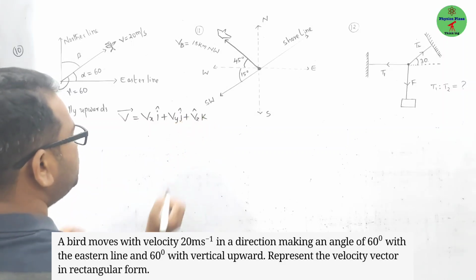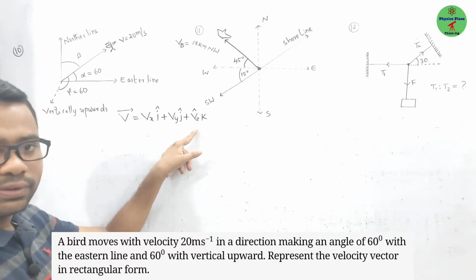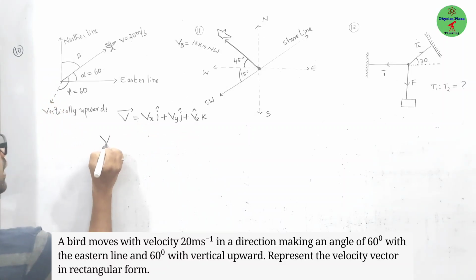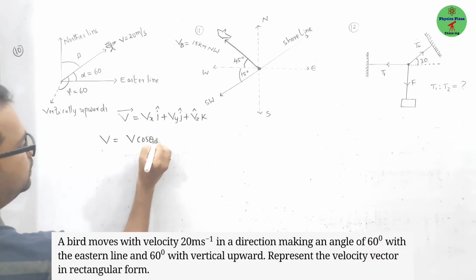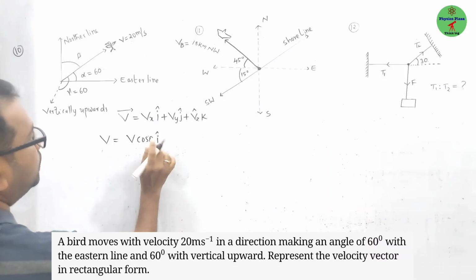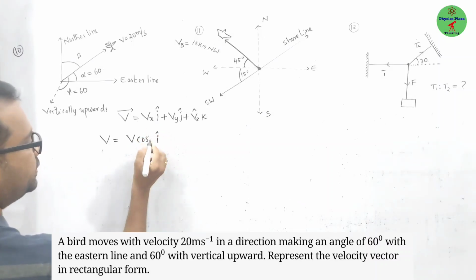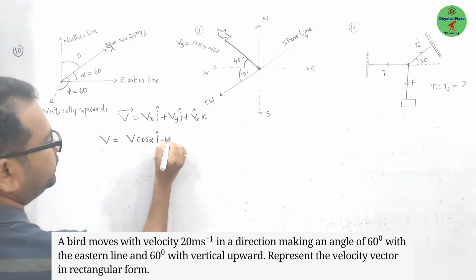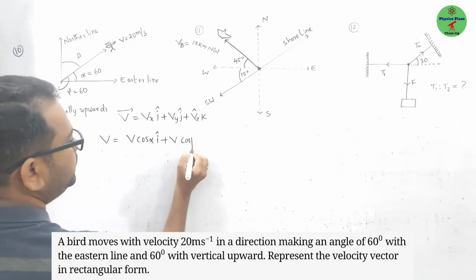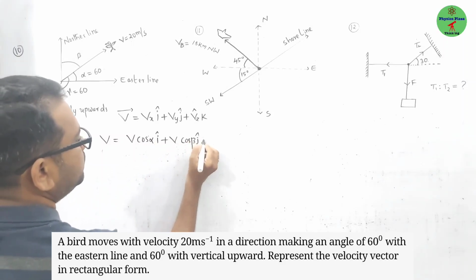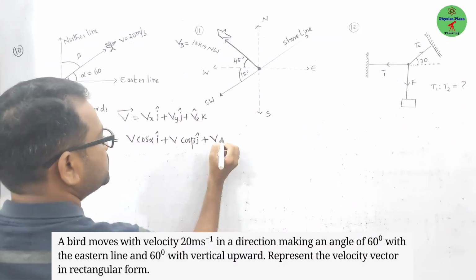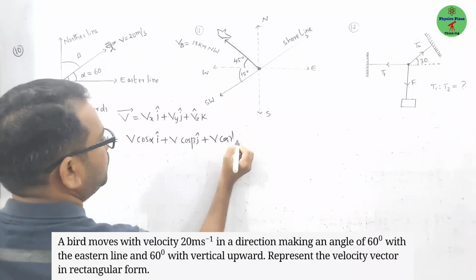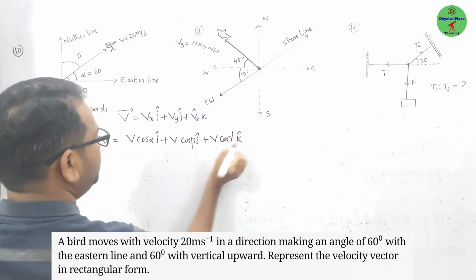But the question is, what is vx, what is vy, what is vz? This can be written as v cos alpha i cap, where alpha is the angle with the x-axis, plus v cos beta j cap plus v cos gamma k cap.